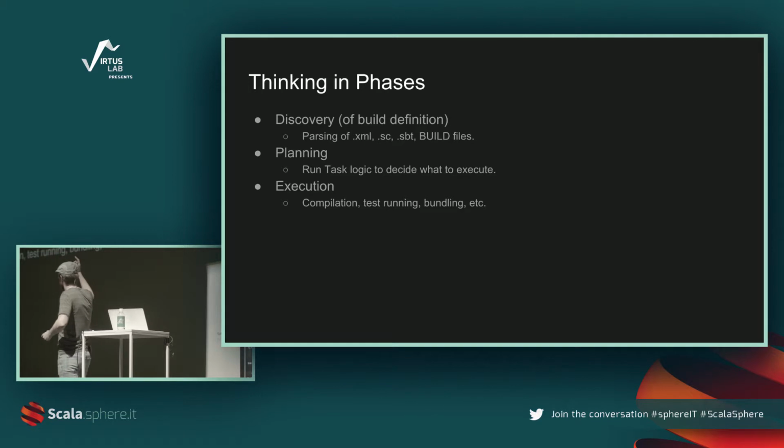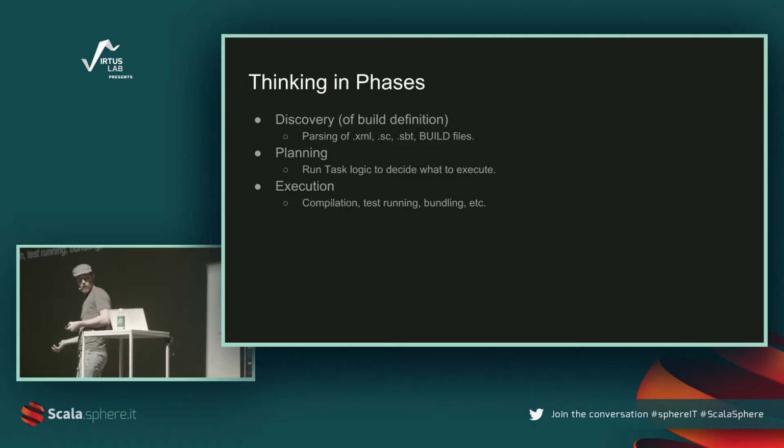One more important part of build systems that's important to understand is I've kind of claimed that they have these phases. This is not from the paper, but generally you have a discovery phase at the beginning where the build system is going to go out and find all of the build definition that's relevant to a particular run. So it's going to parse your build files, essentially.